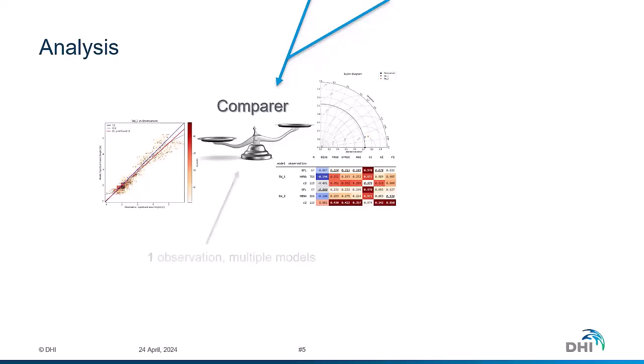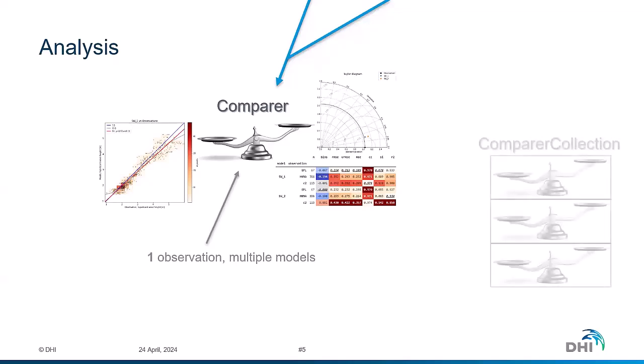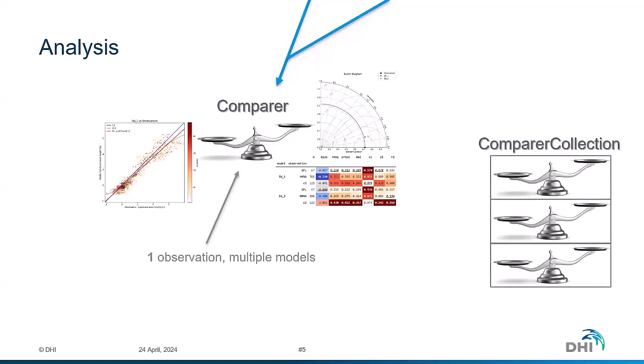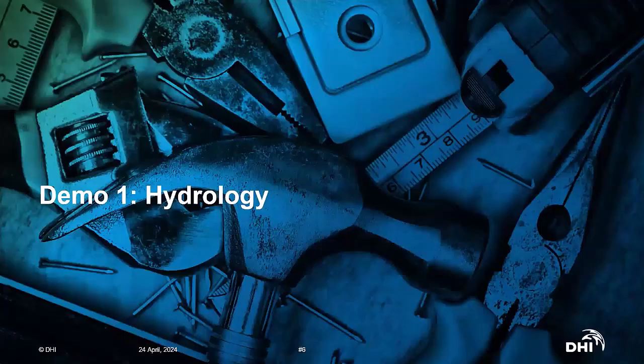One comparer corresponds to one observation, so that could be from one station, but it can have multiple models. These comparers can also be collected in comparer collections. And we'll get back to these two main objects of ModelSkill in a minute, but I think it's useful now to see how it looks in action.